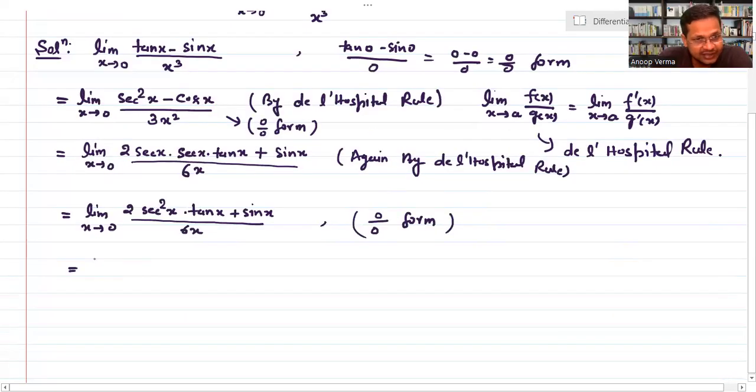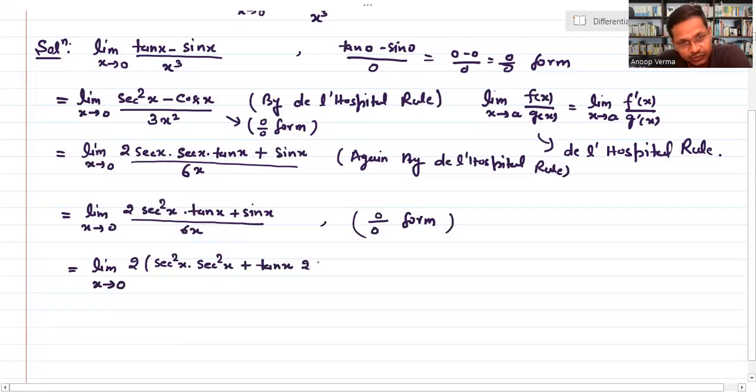So you can again differentiate the numerator and denominator separately. If you are differentiating this, you use the product rule. So it will be sec square x into the derivative of tan, which is sec square x, plus tan remains and take the derivative of sec square x, which will be 2 sec x into sec x tan x.